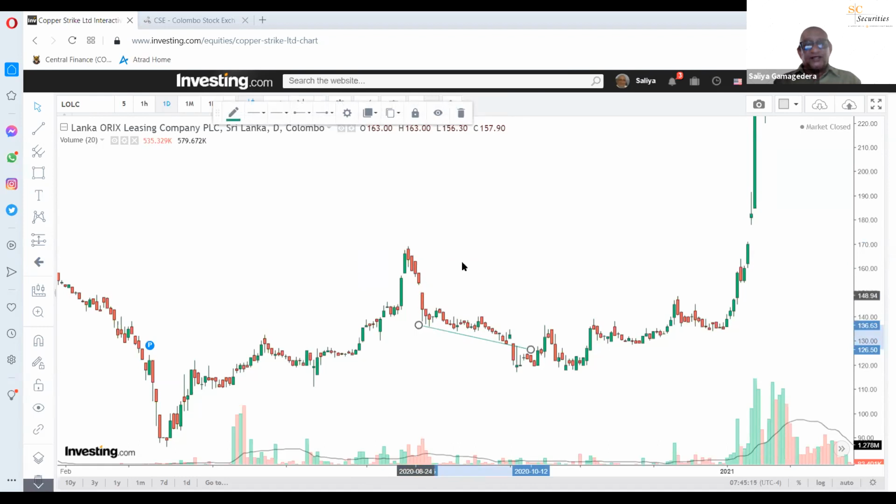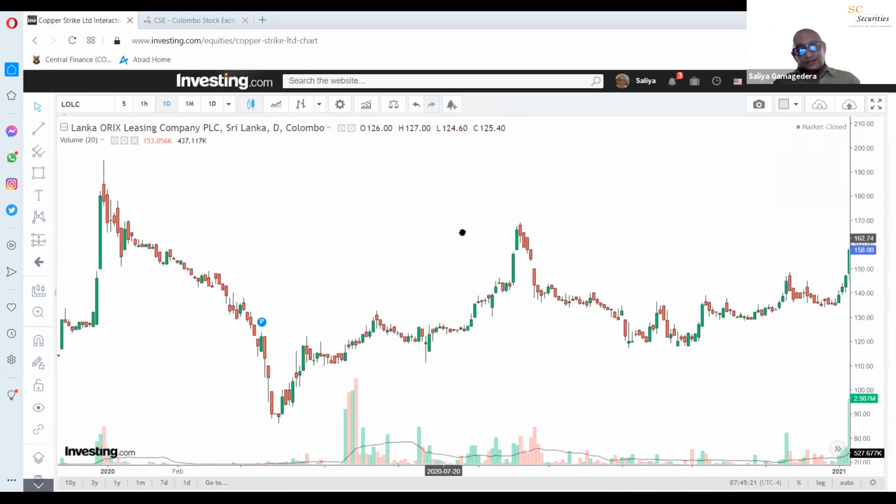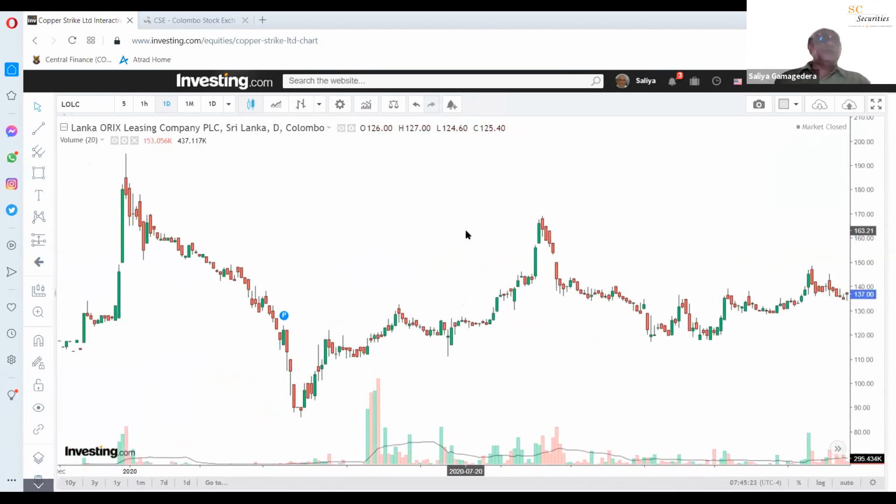When you are drawing the trend lines, what we do is at least a minimum of 2 points of low values, or 2 points of higher values have to be connected, right?